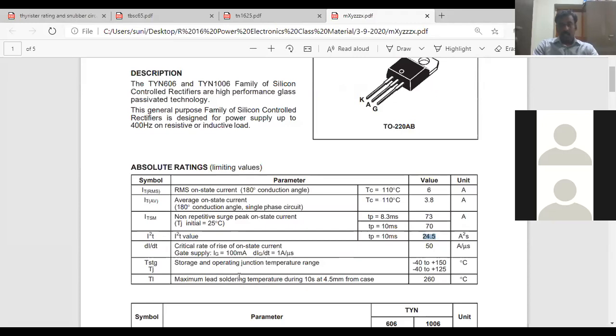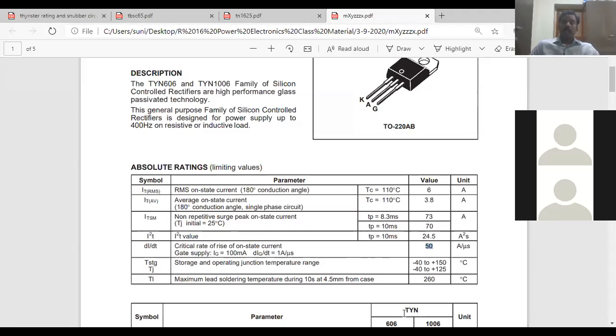Okay, then as I stated, we are going to consider the critical rating of di by dt, isn't it? The di by dt rating is going to be 50 amps per microsecond. So that means this particular device works whenever the di by dt is below 50 amps per microsecond.